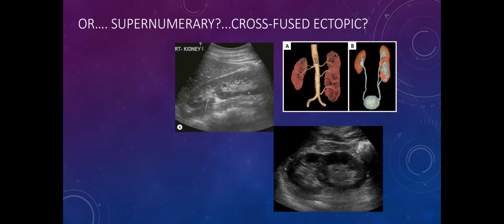It's a little bit of a difference, but these two collecting systems do actually fuse before entering the bladder, so that's probably a good thing for the patient. Oh, and of course, one, two, three renal arteries on this person's left kidney, which is pretty cool to look at.